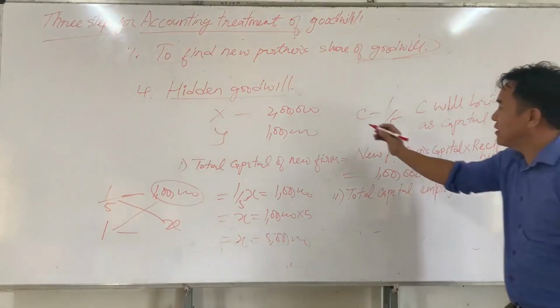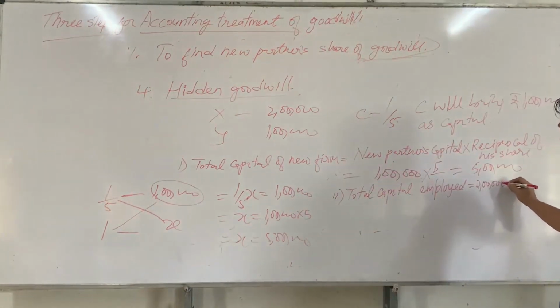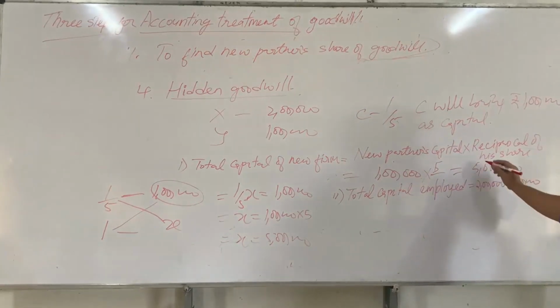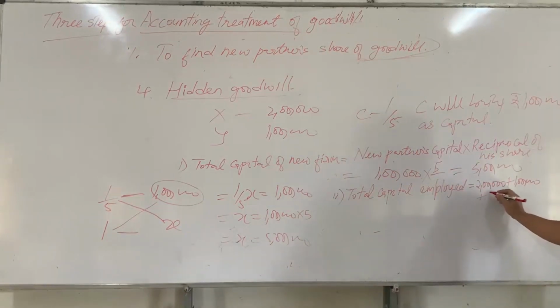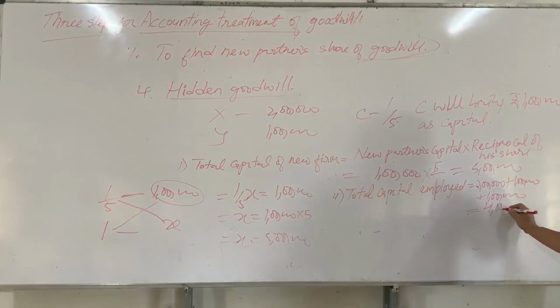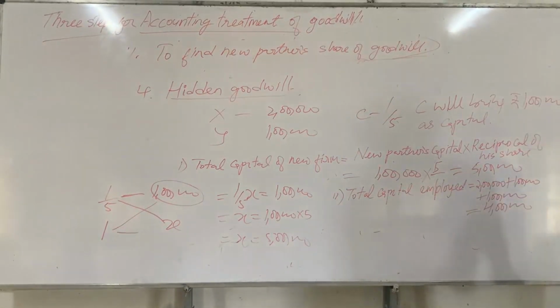So what is the capital of X and Y? 2 lakh plus 1 lakh. And what is the capital of the new partner? 1 lakh. In total, how much do we get? 4 lakh. So 4 lakh is the total capital employed.